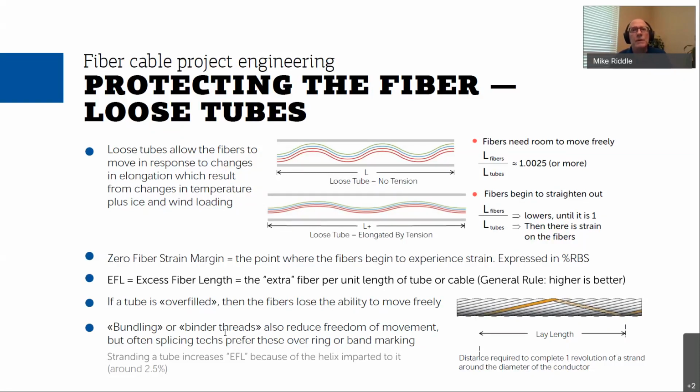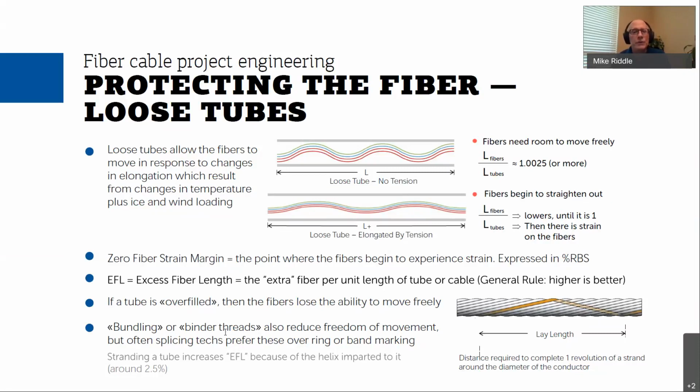You take a bundle of the 12 standard colors and you wrap a color-coded thread around them. So you begin with the 12 standard colors with a blue thread around them and then an orange, repeat those 12 colors and an orange binder thread around it, and so forth and so on.